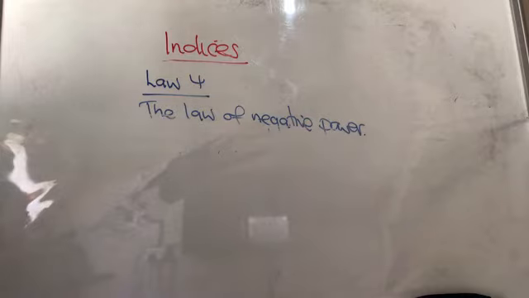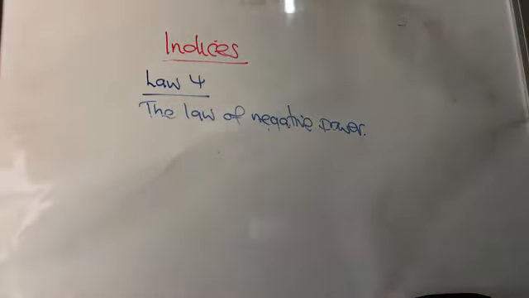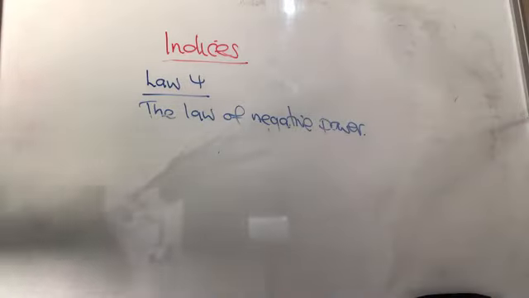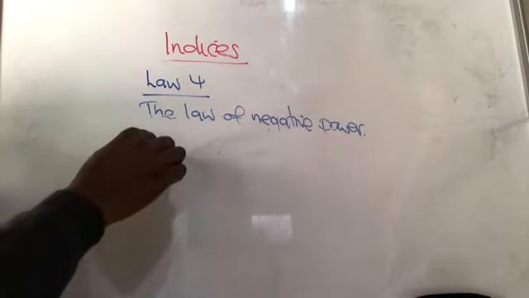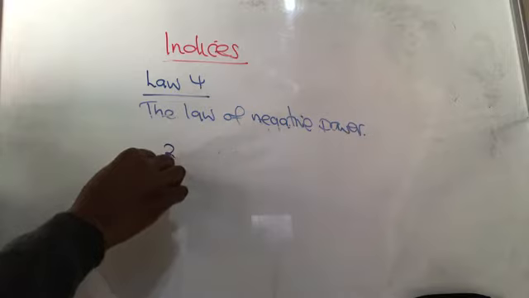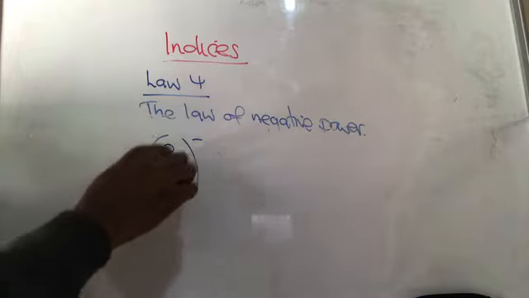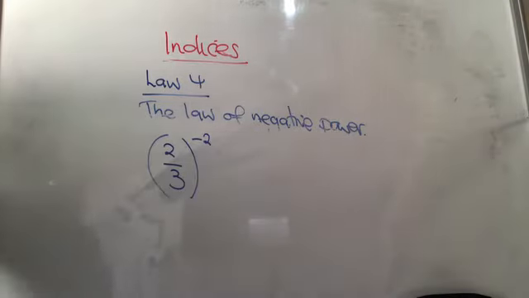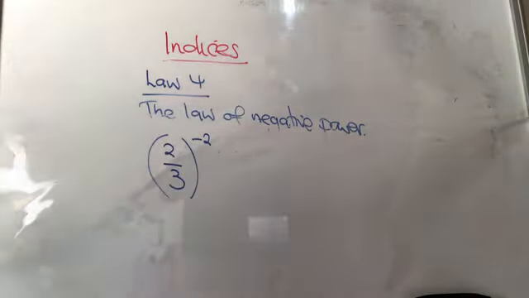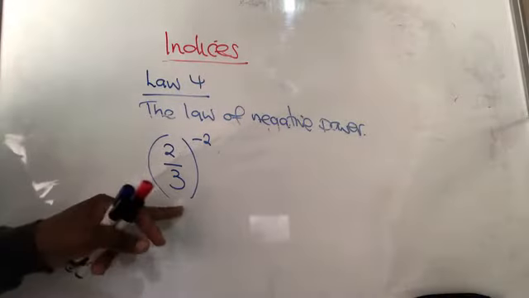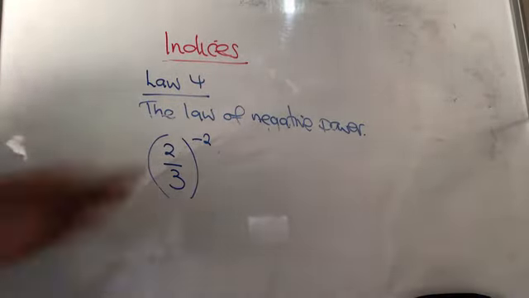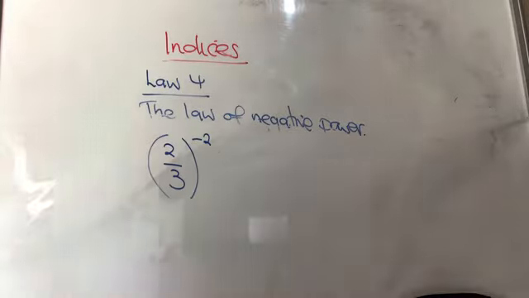They say, solve 2 over 3 raised to the power of minus 2. Yes. This is now a fraction. The base is a fraction. And the power remains negative. It is a negative power.